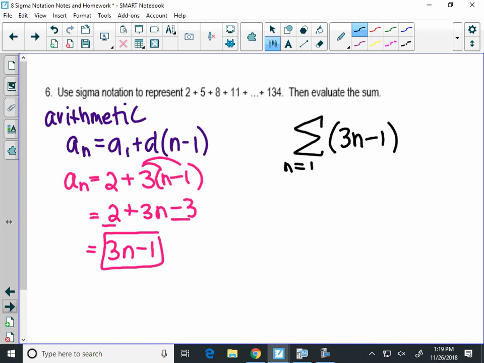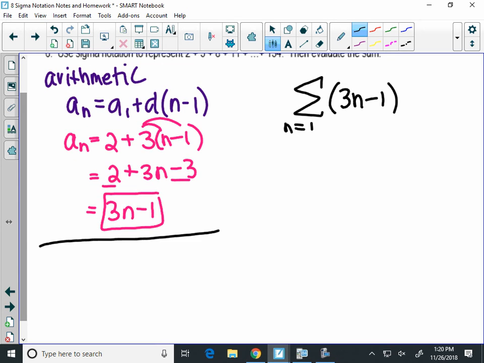How do I find the n for 134? Any ideas? I don't know what term number that is. There's a dot, dot, dot, so I can't just count. Put it into the equation. So here's what I would do. I'm going to take 134 equal to my sequence formula, because if I set it equal to the sequence formula, I can solve for n, and it'll tell me what term number 134 is.